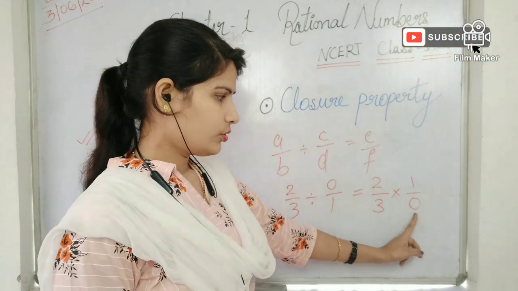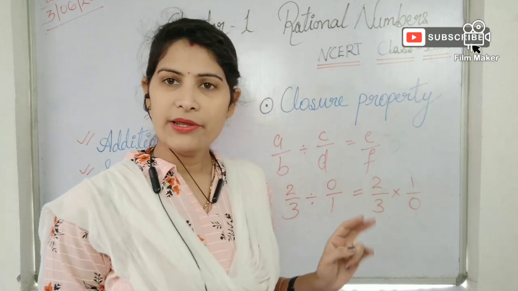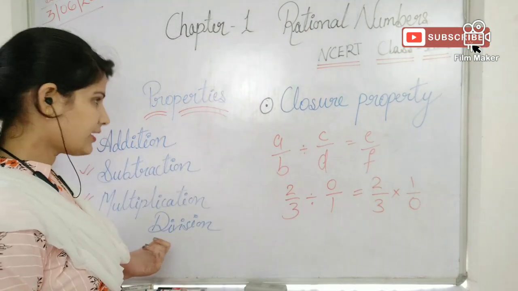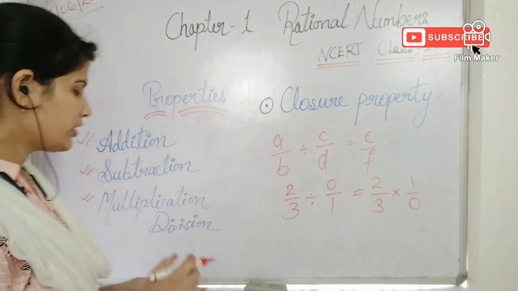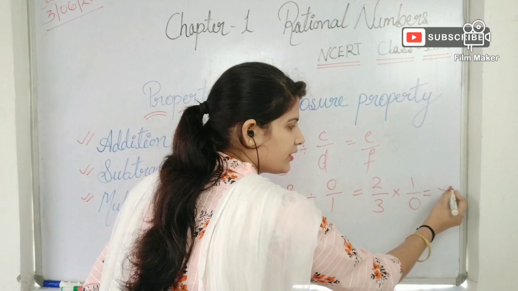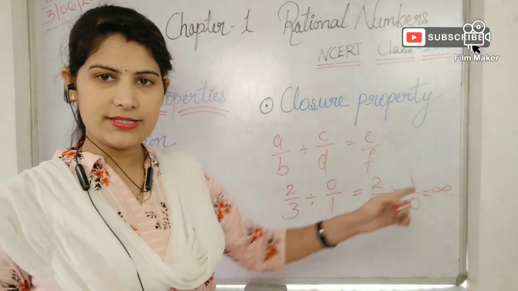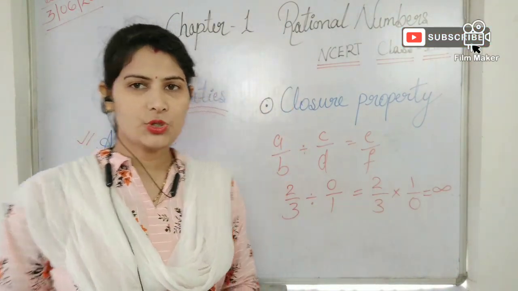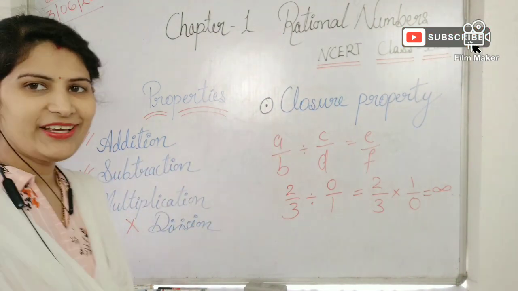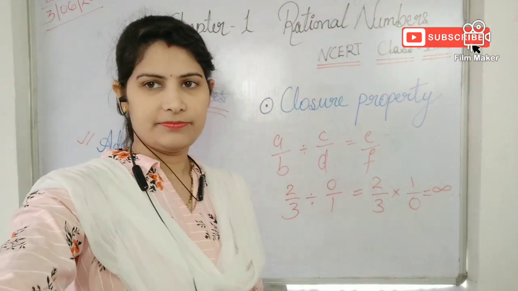You know that this number is infinity. So we cannot say that division is under closure property. Division under closure property is wrong because there is 0 and the answer will be infinity. So this does not belong in closure property.